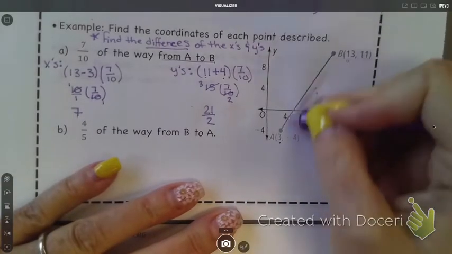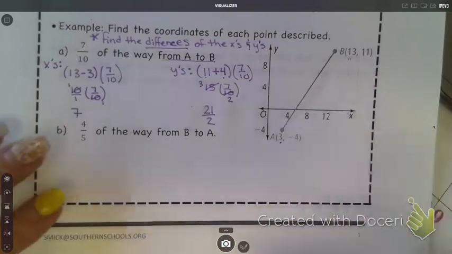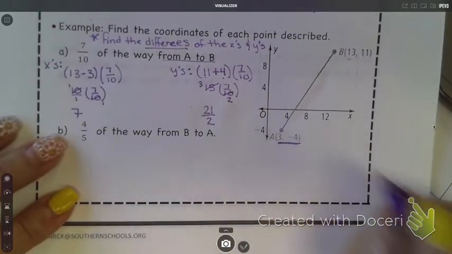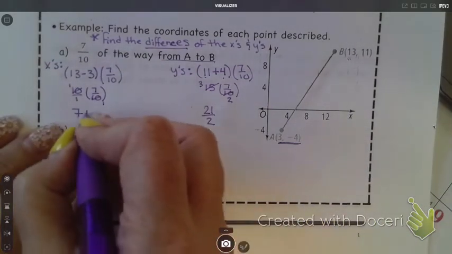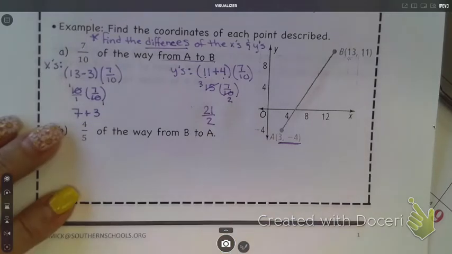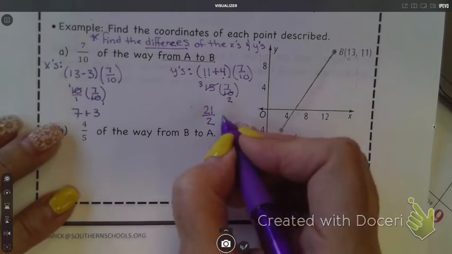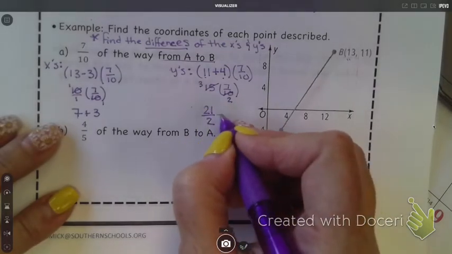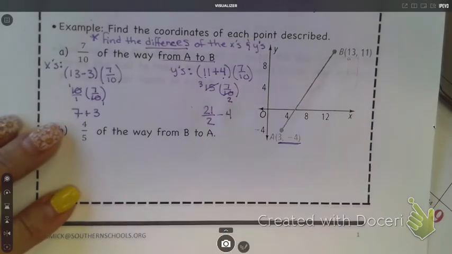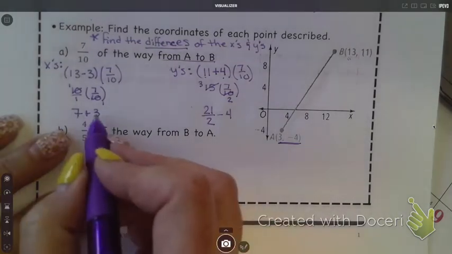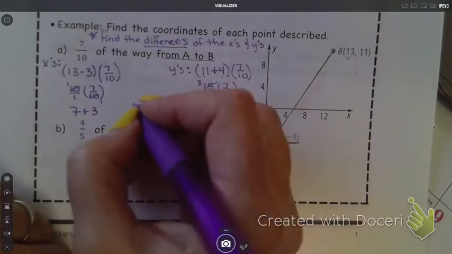Okay. So that means I have to take my initial point, 7 plus 3, and 21 halves minus 4. So what is 7 plus 3? 10?